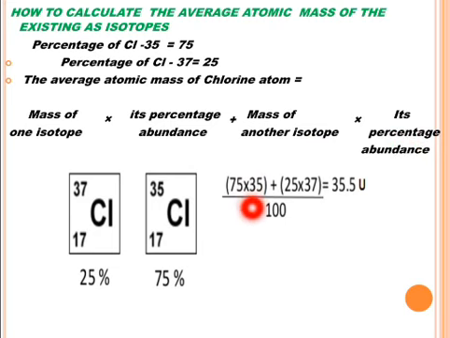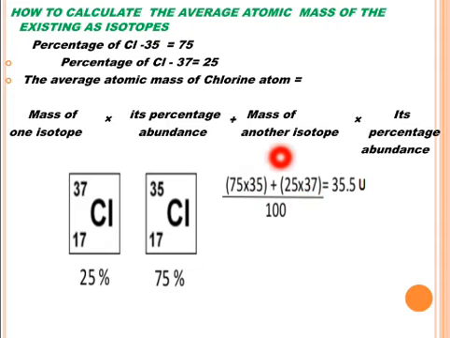See, in the case of chlorine, 75%, that is 75 by 100 multiplied by its atomic mass 35, plus 25% of another isotope of chlorine with the atomic mass 37.